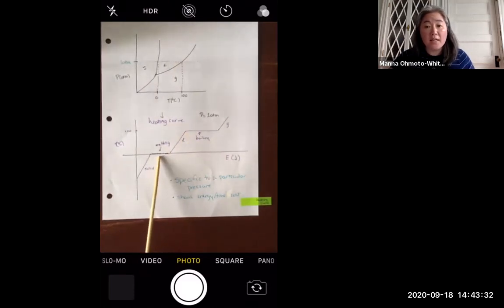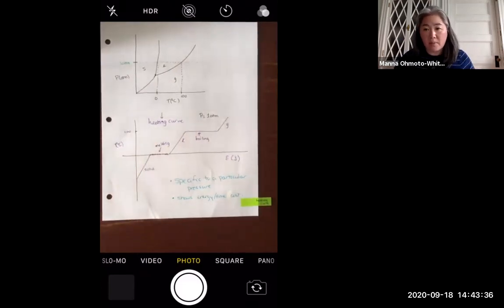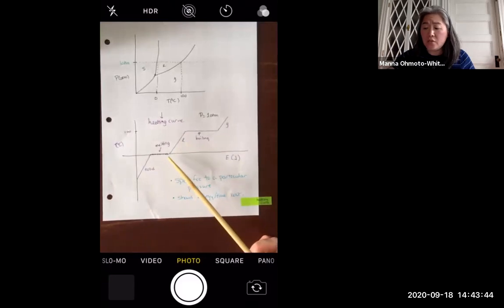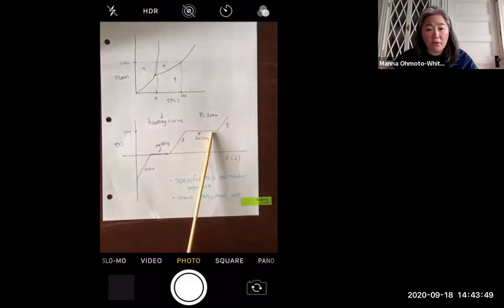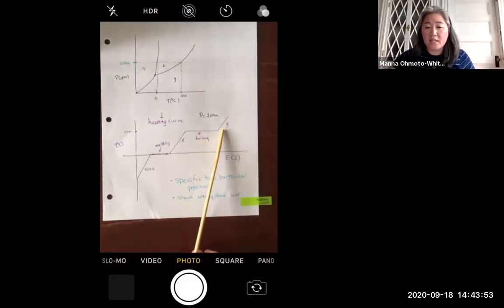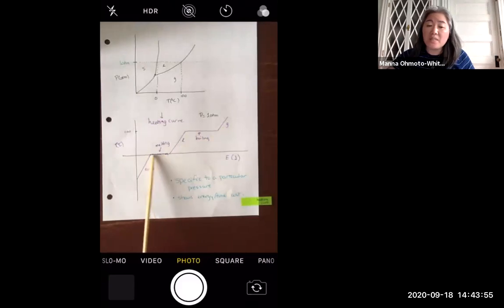And again, that's because remember that our solids have to have maximum intermolecular forces of attraction, and our gases have to have absolutely none. Liquids are somewhere in between.